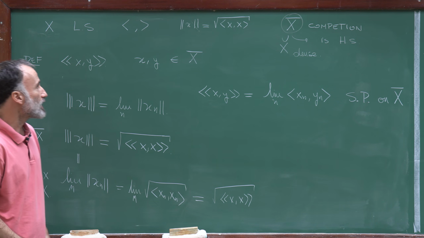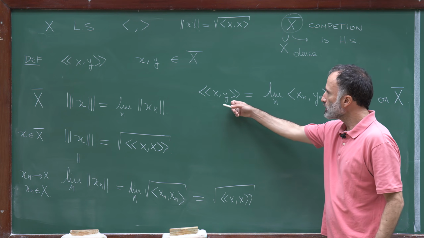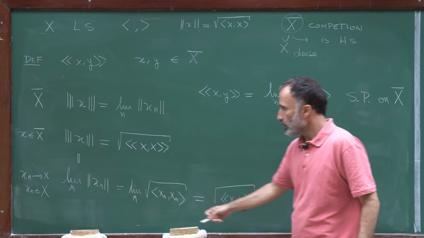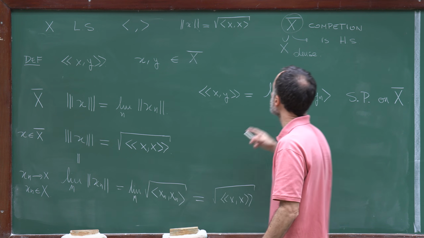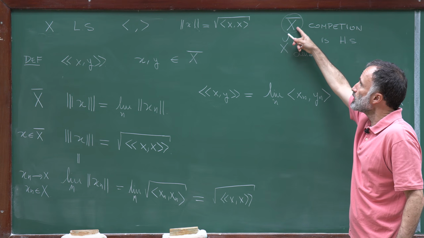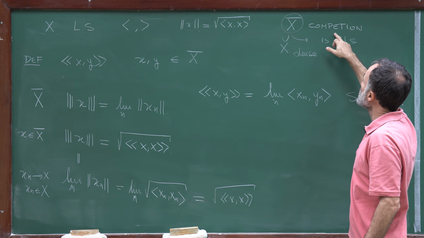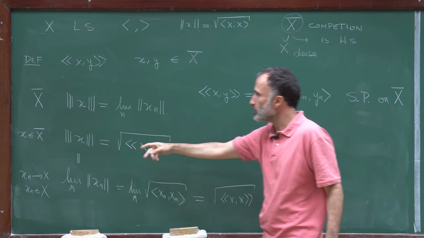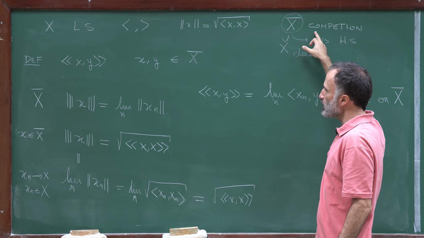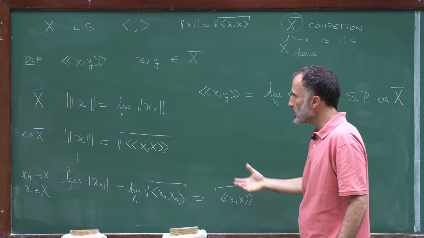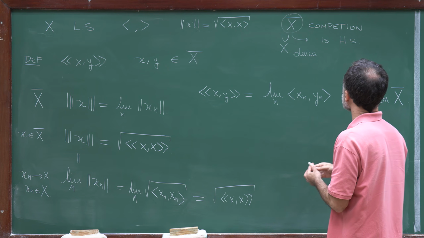So in X bar, we have a scalar product, and the norm associated to this scalar product is the norm which we obtained by completing X. And we know that X bar is complete with respect to that norm. Therefore, X bar is a complete space with respect to the norm induced by the scalar product. Therefore, X bar is a Hilbert space.